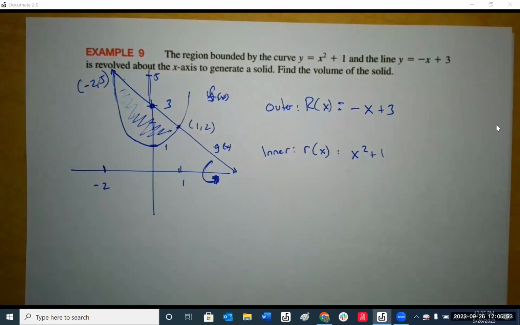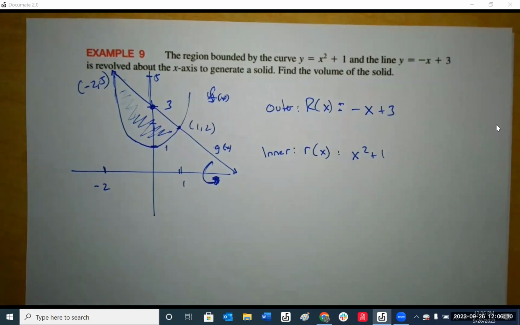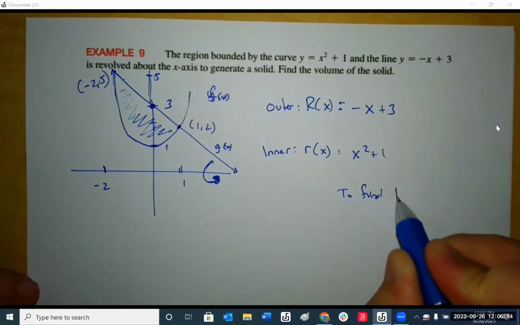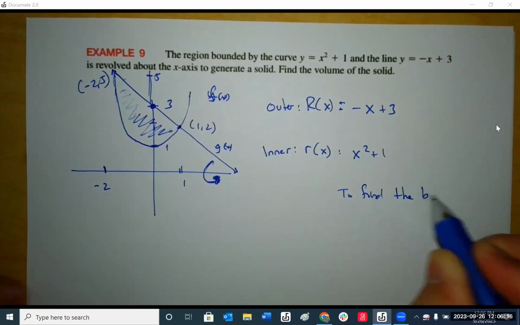Okay. We have that. Now, what are our bounds of integration? To find this, I did that in my head.